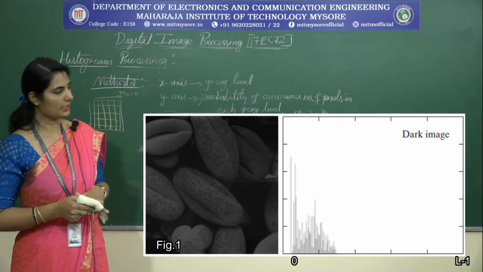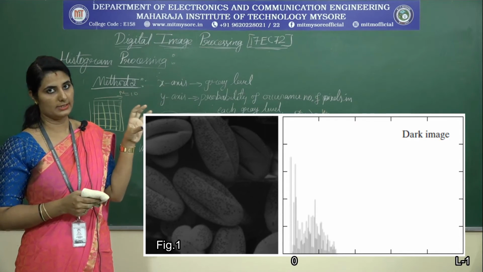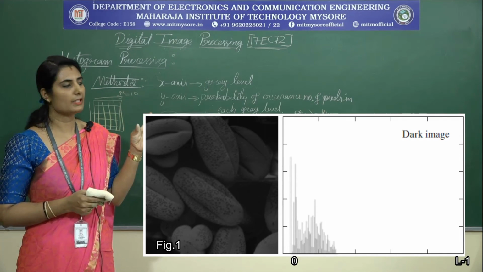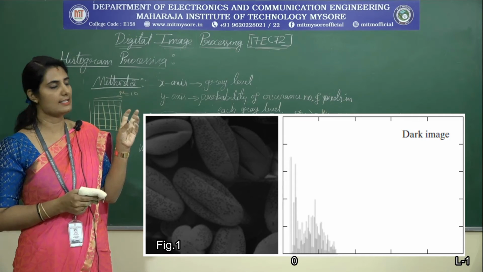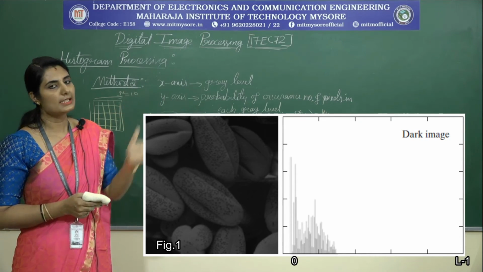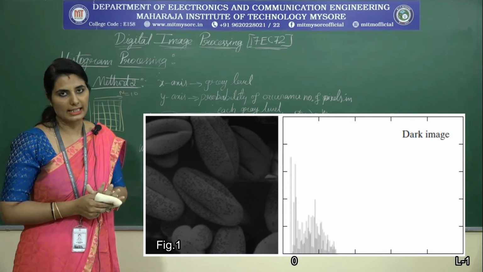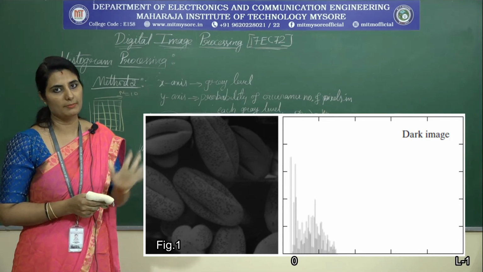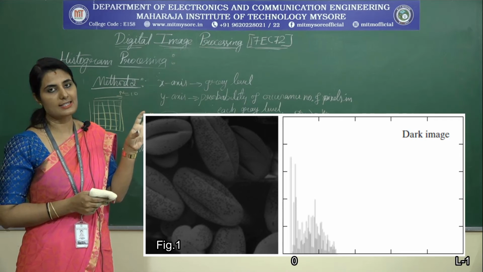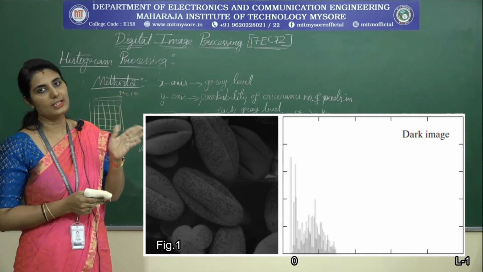Now look at this figure. Figure 1 shows the darker pollen image. In this image it is very difficult to identify the fine details hidden in it. The histogram plot of this image is shown in figure 2, where the x-axis shows the gray levels varying from 0 to L minus 1, whereas the y-axis shows the number of pixels in the image with the intensity level Rk.